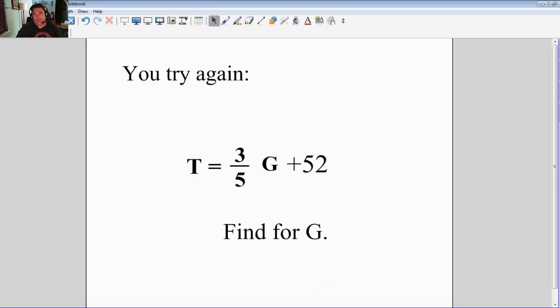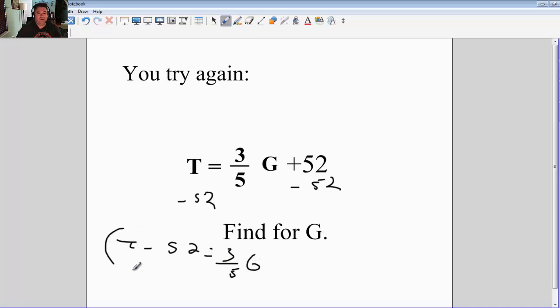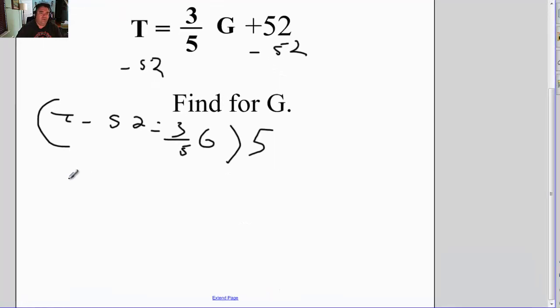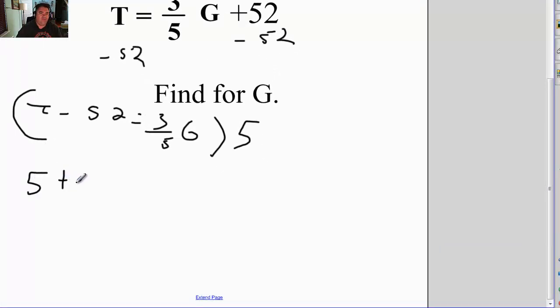You try again. Go ahead and find for g. Let's see. So I'm going to go ahead and minus 52 to both sides. So I get t, because you have minus 52 over here. T minus 52 equals 3/5 g, and it gets a little choppy. I'm going to take a shortcut, what I call a shortcut, and times everything by 5. I do this, and I get 5t minus, well, let's see, 52 times 5, I think it's 260, hopefully.